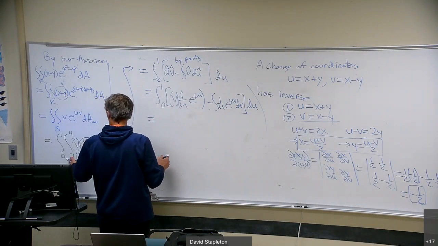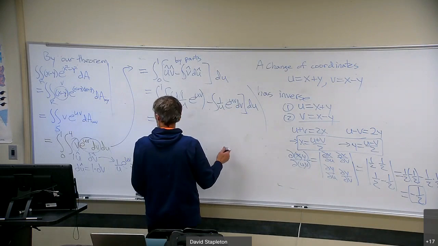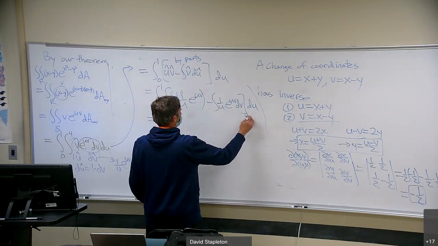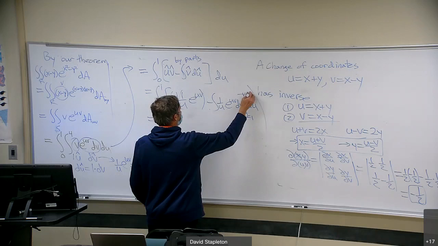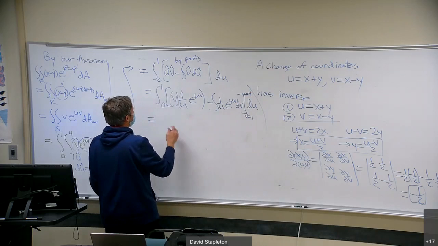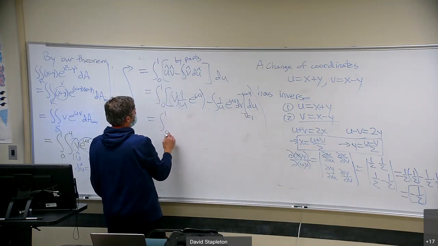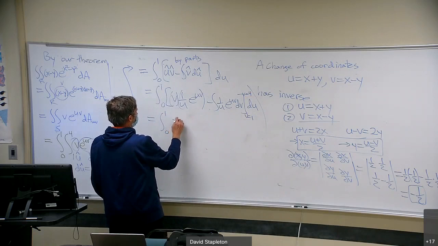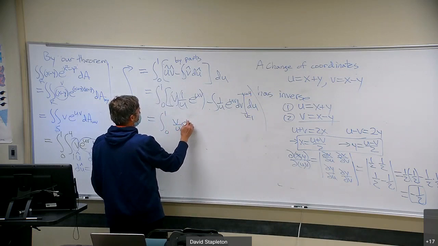This needs to be evaluated at the endpoints, v equals 1 and v equals 4. We've got the integral from 0 to 1 of v over u e to the uv.